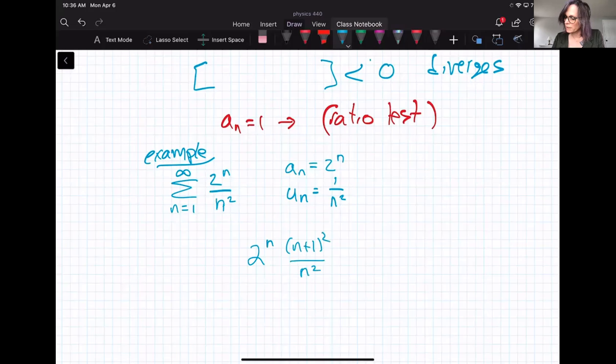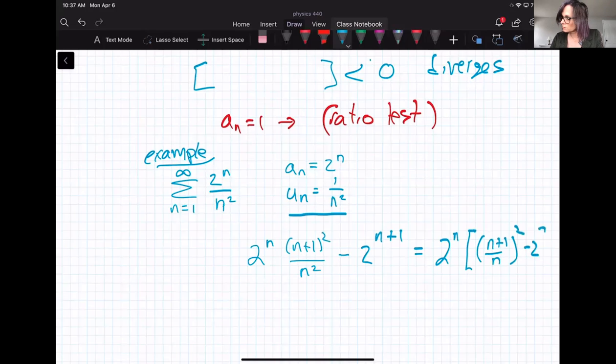Right, so we're looking at the ratio of this times a sub n minus 2 to the n plus 1. That's a sub n plus 1. So then that's 2 to the n of n plus 1 over n squared minus 2.